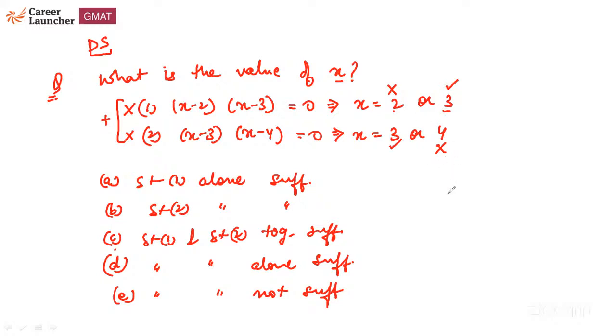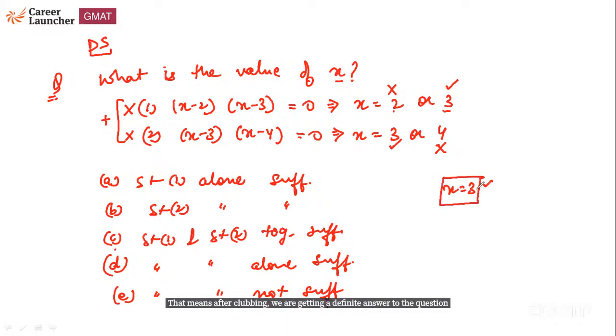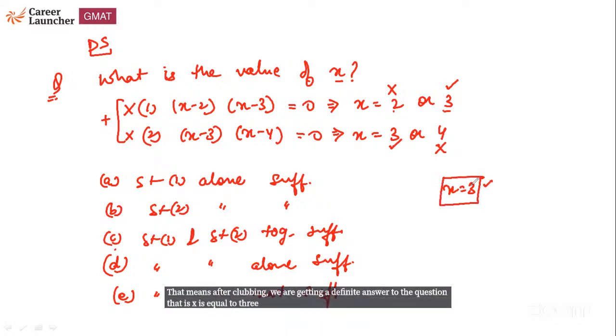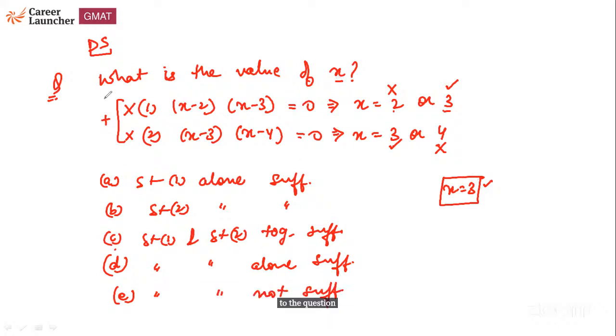That means after clubbing, we are getting a definite answer to the question, that is x is equal to 3. That means together they are sufficient. Option C being the correct answer here.